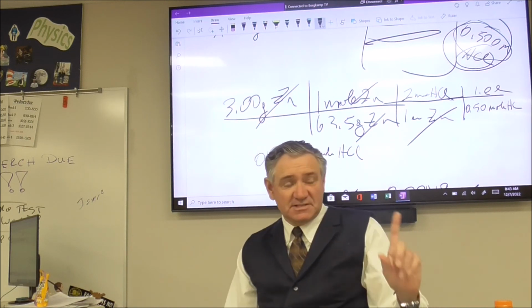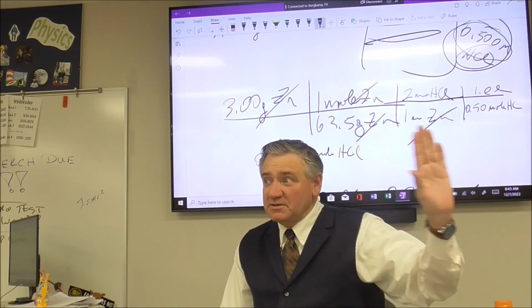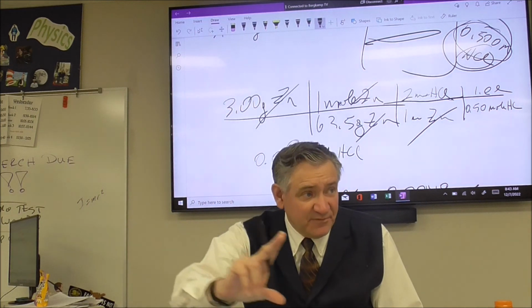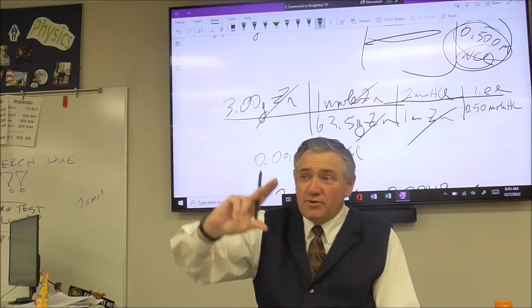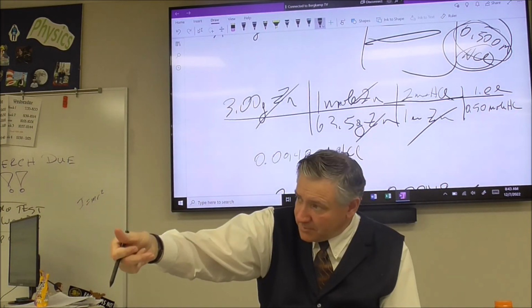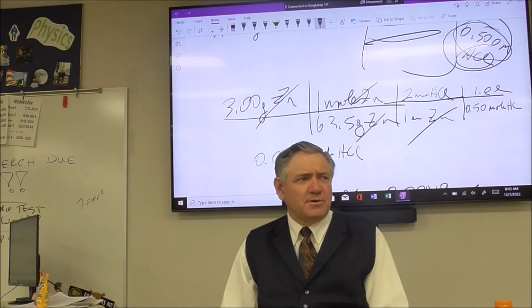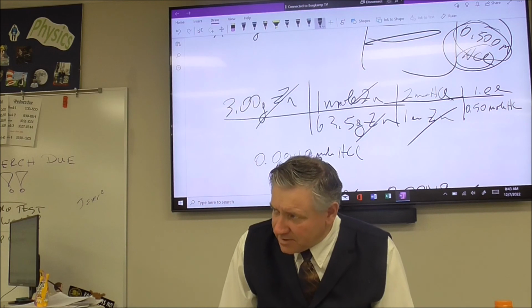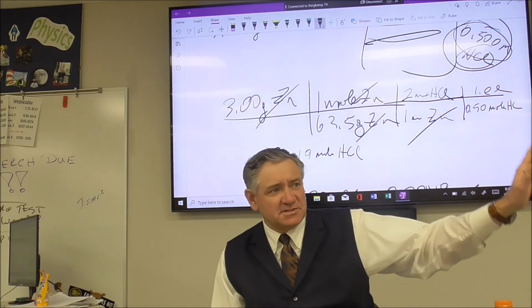Now, the beauty of this is that you make all of the units cancel out. But what's weird, and this is the leap of faith that you have to take, you've got to take the molarity and you have to flip it over. Because you're going, oh man, Burkham, since we've been talking about molarity, you've always said it's moles per liter. And I have. I've preached that to you.